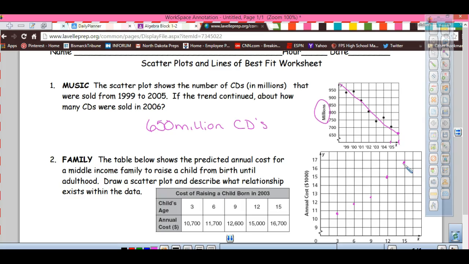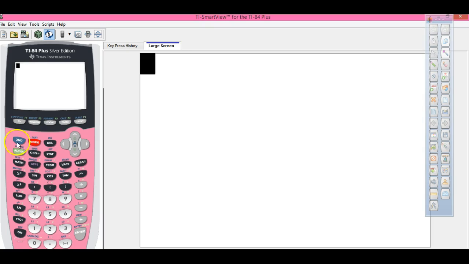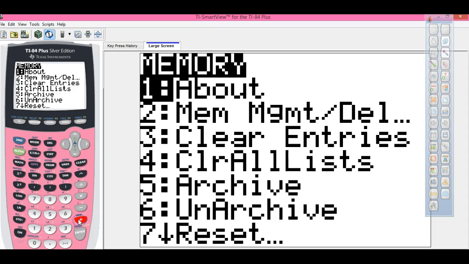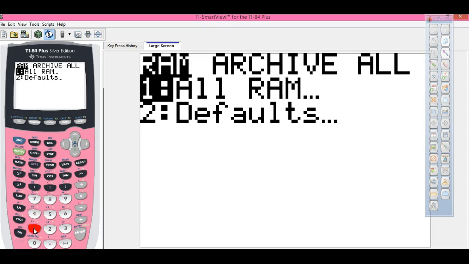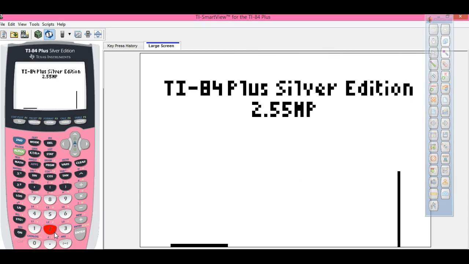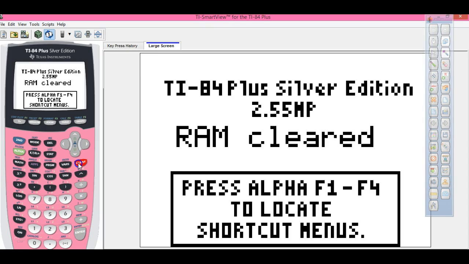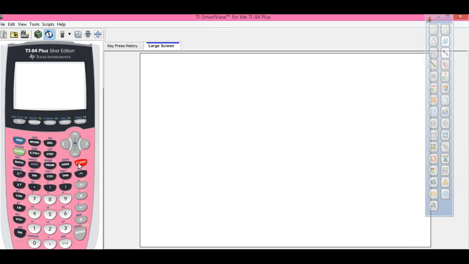Now, if you look at page 76, what does it say you have to do with your calculator first before you can do anything else? So what does it say to do? Second, plus sign, 7, 1, 2, and it's cleared, and then you can hit clear.